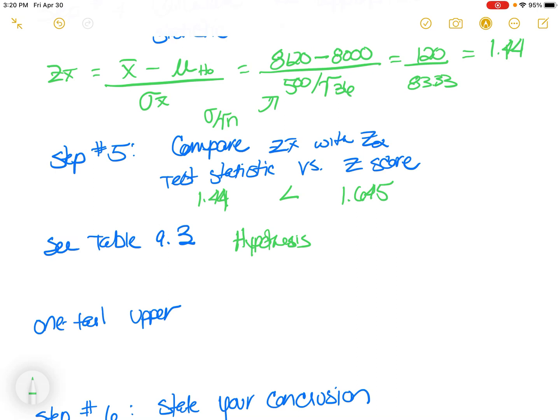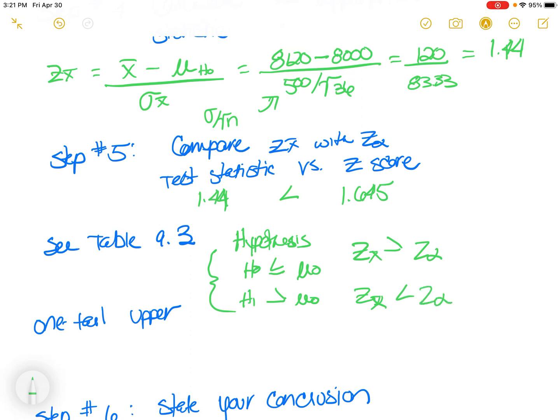It describes the hypothesis, and it gives you two different scenarios.